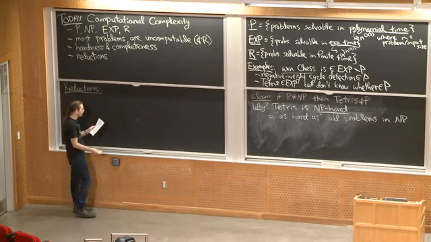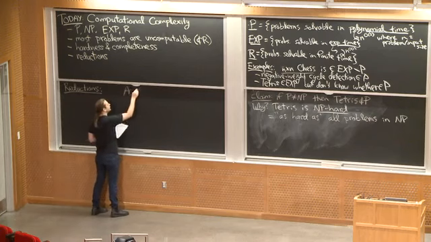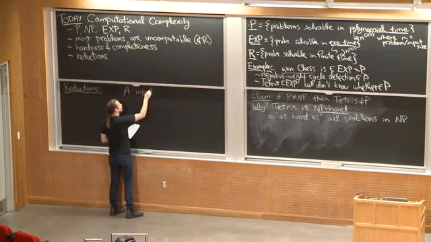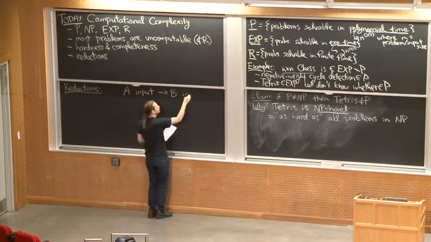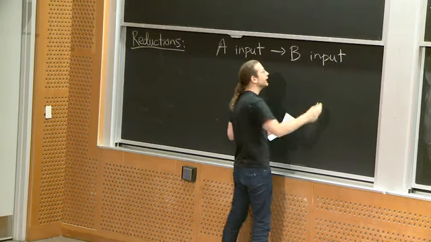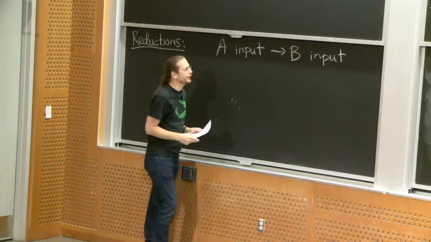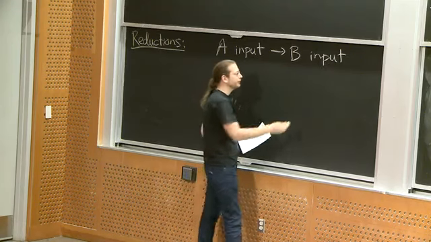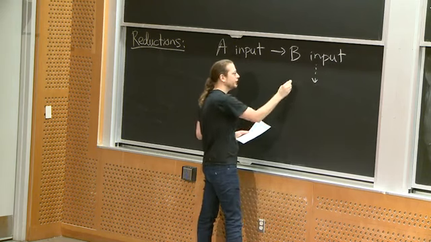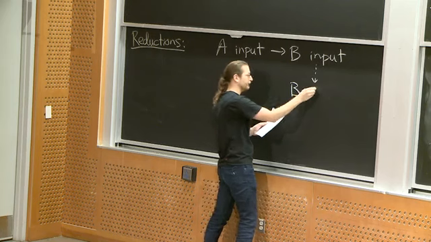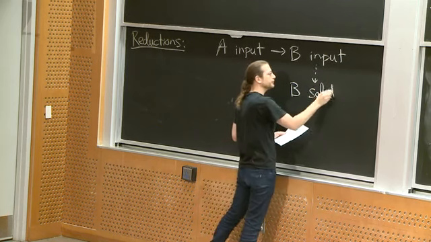You take the input to some problem that you want to solve, and you convert it into an input to some other problem, like single source shortest paths or something like that, that you already have an algorithm for solving. So if you have an algorithm that solves problem B, you can convert that into a solution for A.